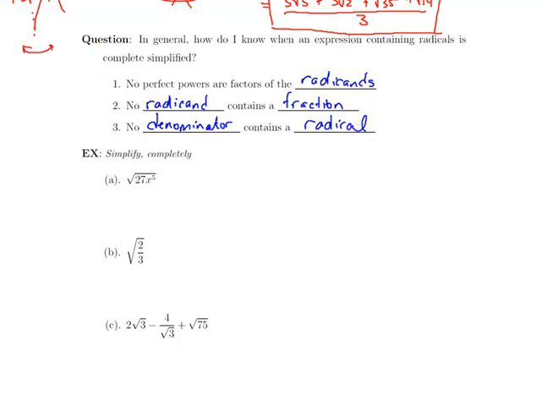Okay, so let's look at 3 fairly general problems just as a quick review over what we've done so far this section. Okay, this type of radical, single radical expression, it's not simplified because I can pull out perfect powers out of this. This is a square root, and it's got a 27 under the radical. I know I can pull a 9 out of that, which is a perfect square, and also I've got a power here that's higher than my index, so I know I'm going to be able to pull out perfect powers from that.